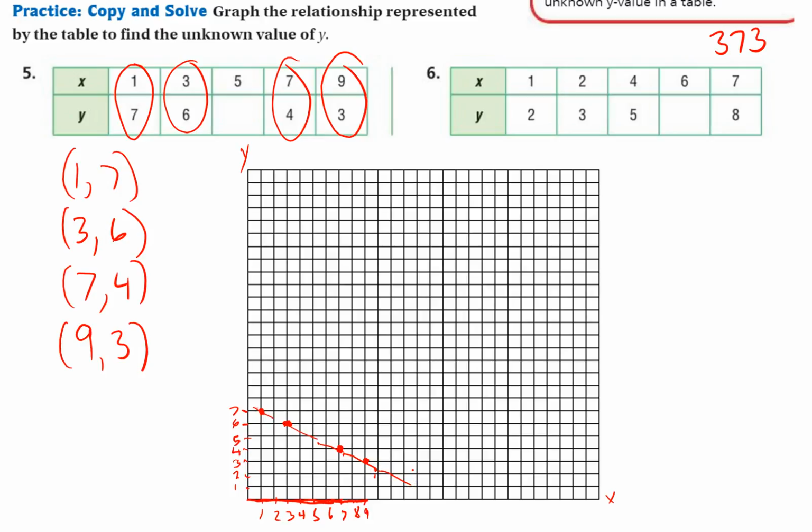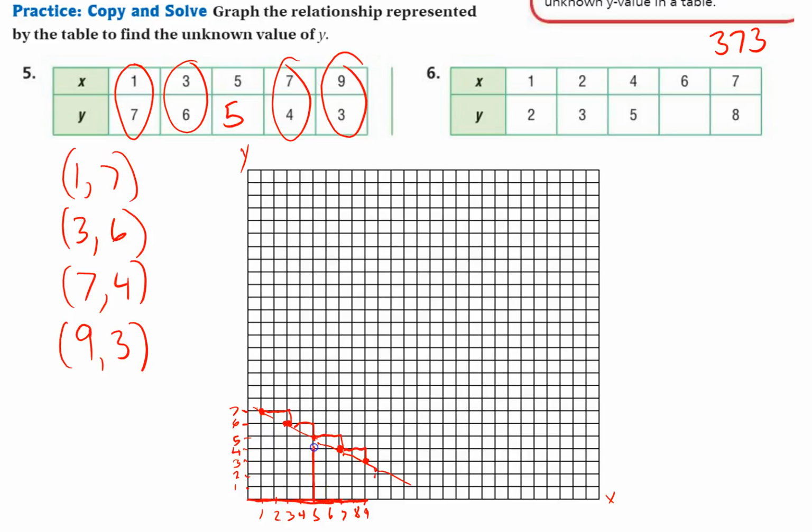And I can see here, if I go to 5 and run up, I'm going to hit right about here. And that makes sense because I'm going up 1 over 2, up 1 over 2, up 1 over 2, up 1 over 2, which, yes, would put me at 5 and 5.